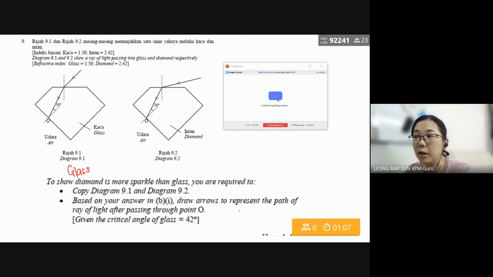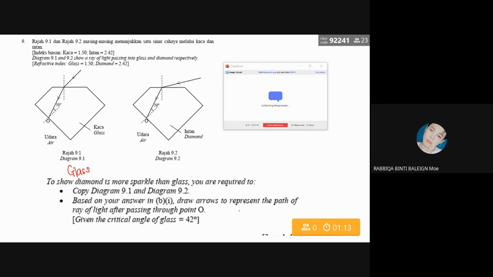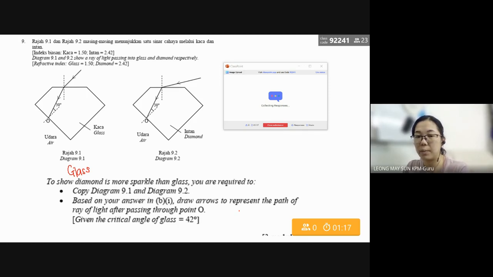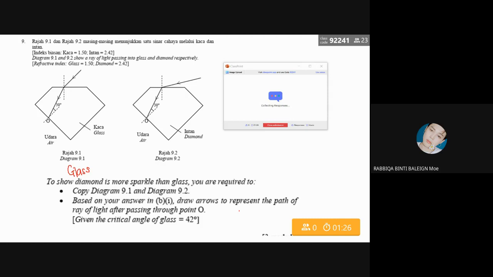You don't have to make it bouncing all over the place. No, because they said just draw arrows to represent the path of the ray after passing through point O. Which means probably for diamond, you would need to. So diamond can, right?